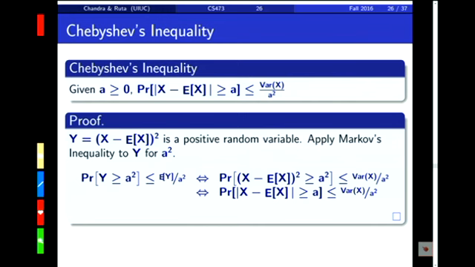So we can apply Markov's inequality. Suppose we apply it for a squared instead of a, then the probability that y is at least a squared is at most the expectation of y over a squared. This was Markov's inequality.